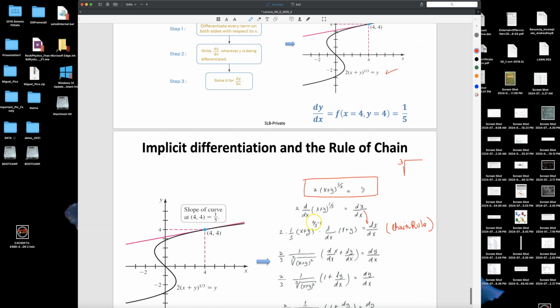So what is this now? Well, this is 2/3, since what I wrote down, 1/3 minus 1, is minus 2/3. That in radical notation is 1 over the third order root of (x plus y) squared.